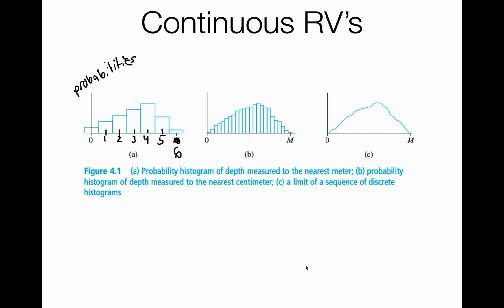And then we can just continue that argument and keep going and keep going until we have a ton of bars, and each of the bars are barely any width. And so that's the idea: if we can go to infinite precision, then technically we're going to have an infinite number of bars that each have no width to them.